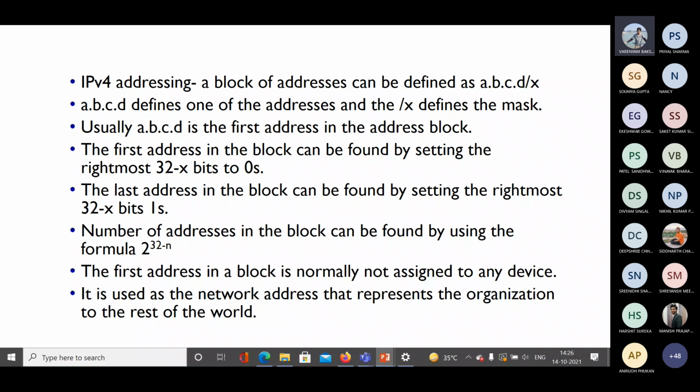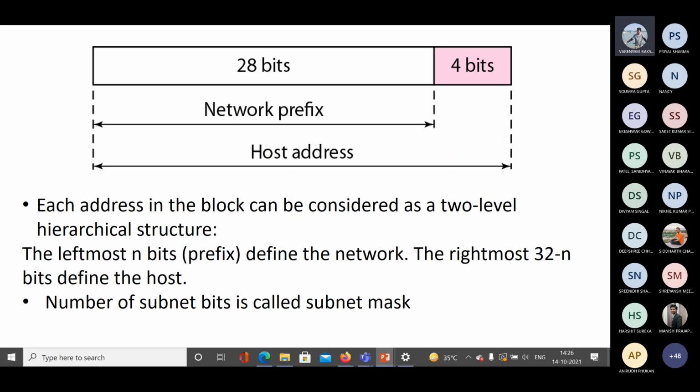That is why it is generally not used. Each address in a block is considered a two-level hierarchical structure. The leftmost n bits define the network, and the rightmost 32 minus n bits define the host part. The number of subnet bits represents the subnet mask.